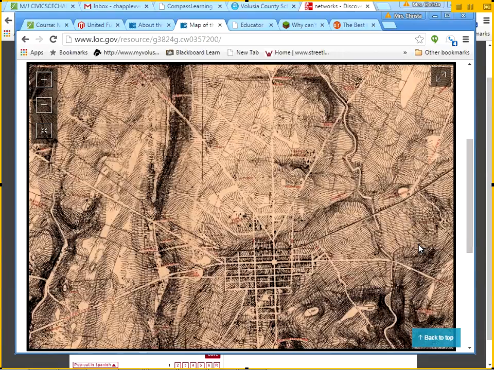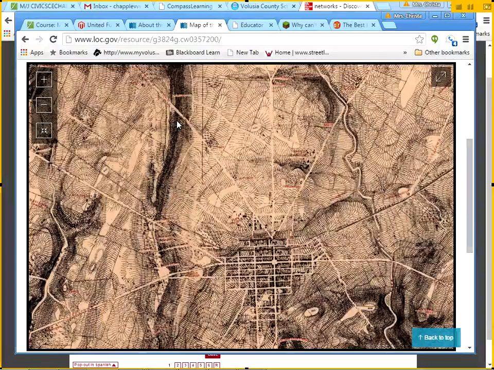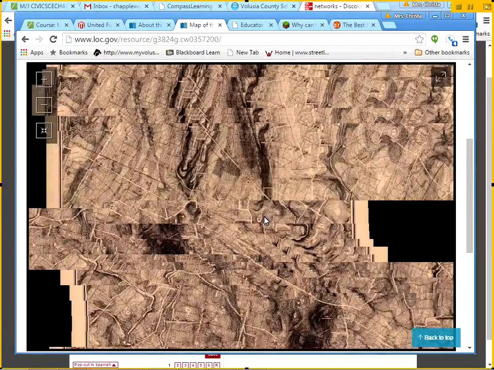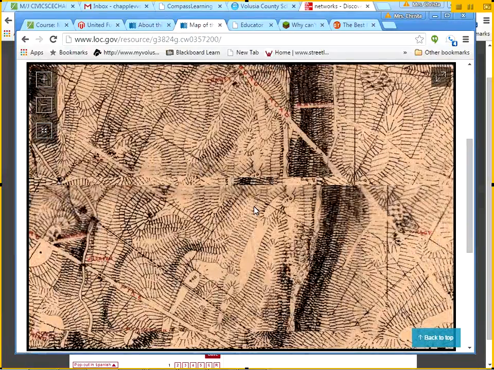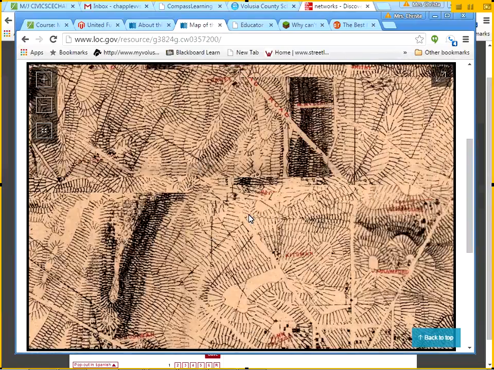What symbols are found on this map, and what do they mean? Okay, so now I'm going to look for symbols. I'm going to zoom out again. All right, we're going to look real close. I don't see any symbols right now. I'm going to have to go in further. Okay, so these lines, those are hills, I believe. Okay, but it doesn't really tell me.